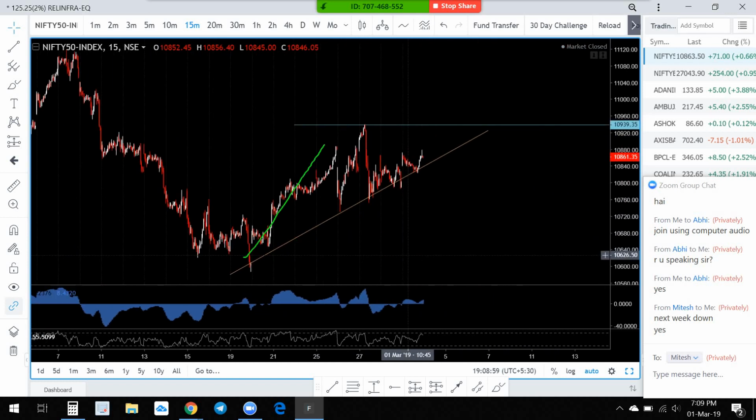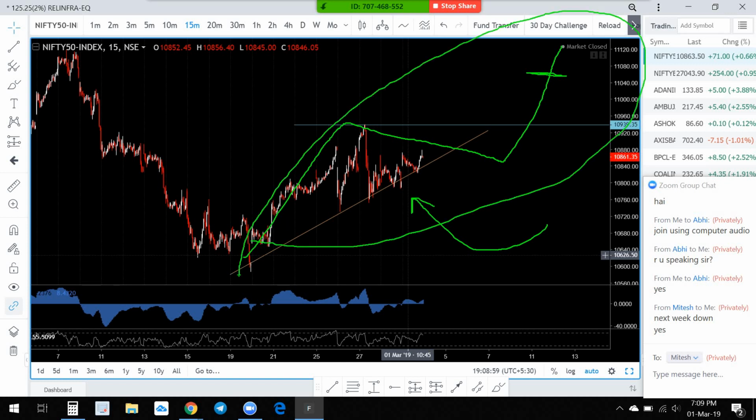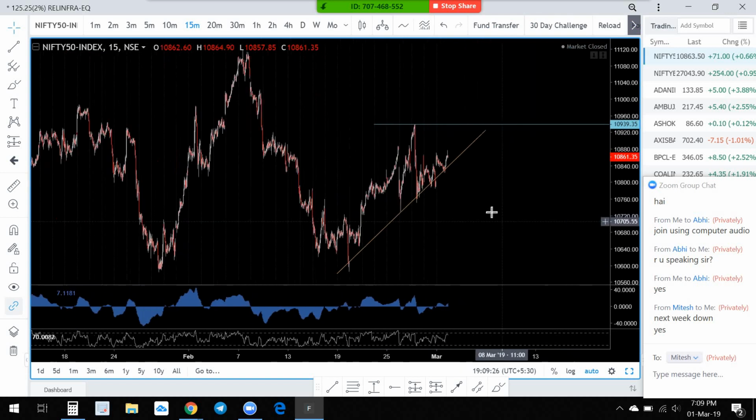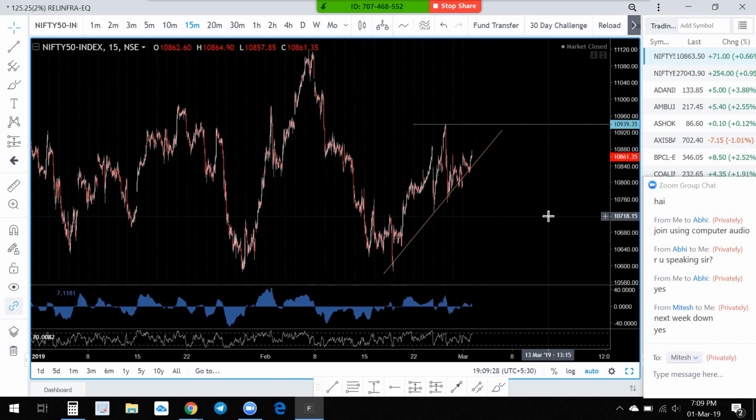I'm taking this as the first, this is your second piece of information, and you'll make the third this week. Once that is made, we'll declare it somewhere here, whether it's a corrective structure for the upside, or this itself is a complete new impulse tagging that new high. If that is the impulse for the upside, that's definitely going to tag it. But let's look at it in a detailed scenario.